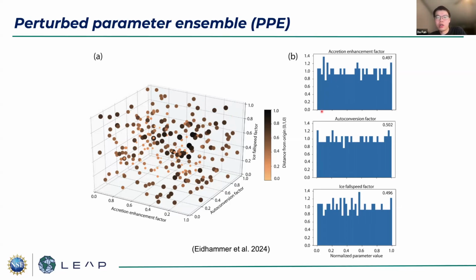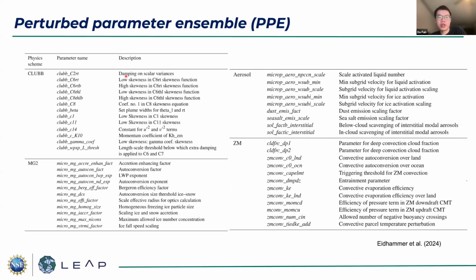Then we run our physics model, the CAM6 model, with each parameter set to produce the forecast for each ensemble member. And here's the list of the 34 parameters we perturbed, including parameters for the cloud turbulence scheme, the MG2 warm microphysics scheme, the aerosol scheme, and the ZM convection scheme.